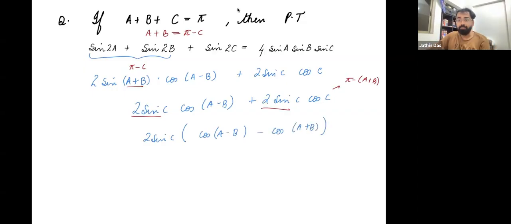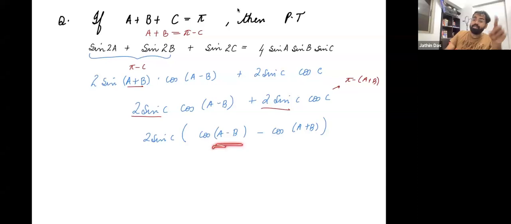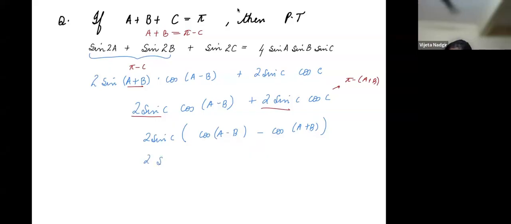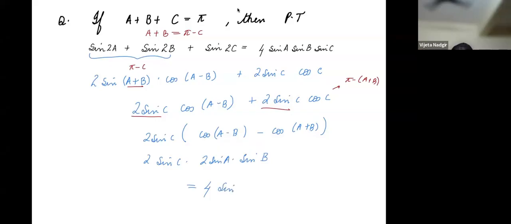Till here, is it clear? Now you know the direct formula: cos a minus b minus cos a plus b is 2 sine a sine b. So sine c into 2 sine a sine b. So you will get 4 sine a sine b sine c.